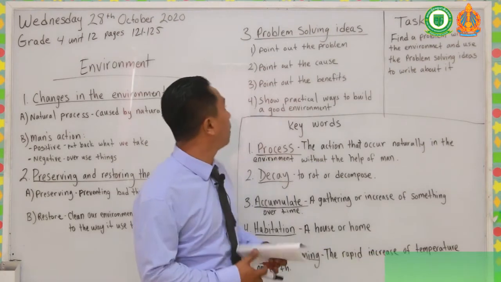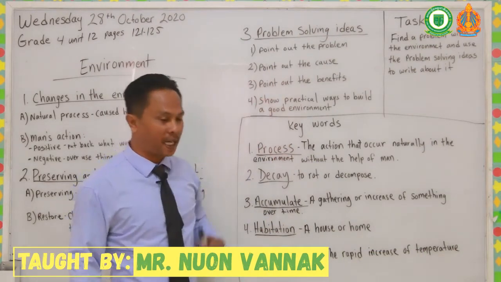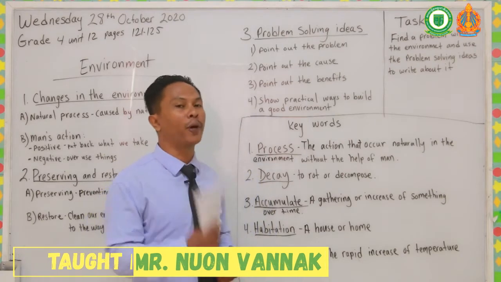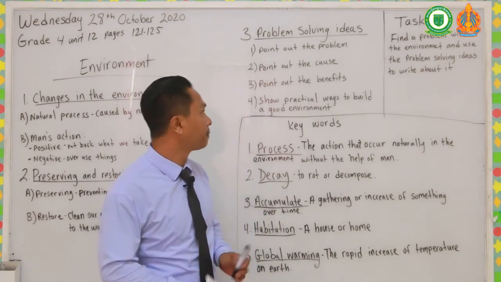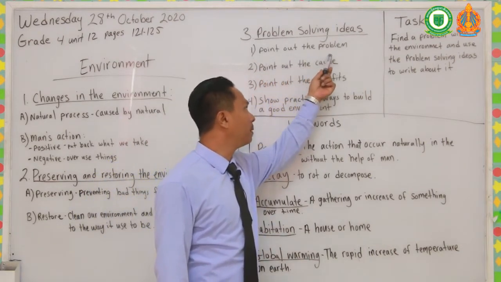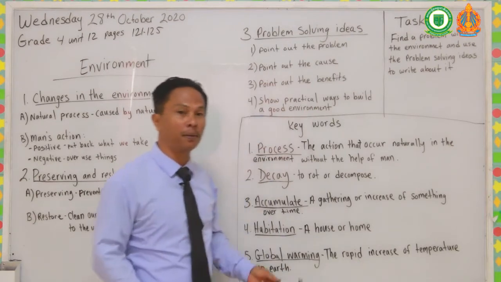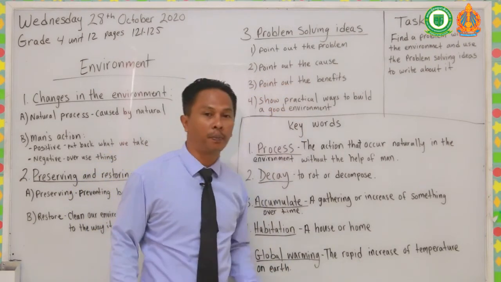Okay, now for part 3, problem-solving ideas. These are just ideas for you to point out the problems in the world dealing with environment, okay? Number 1, you point out the problem. You tell them what the problem is. Number 2, you point out the cause of the problem.